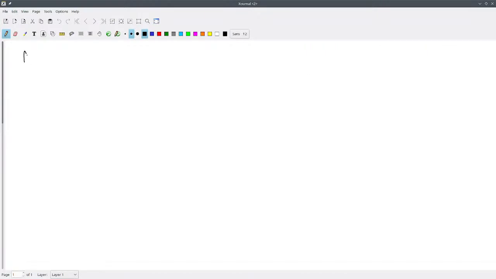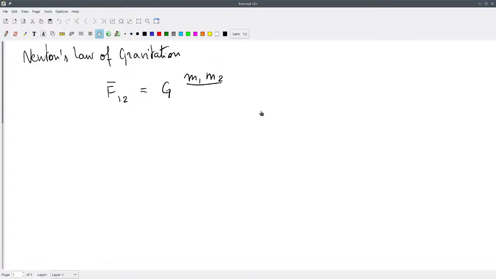So Newton's law of universal gravitation says that this force F12, the force from mass 2 on mass 1, is some proportionality constant times the mass 1, mass 2 over the distance between them squared, and it's in the direction of the unit vector between masses 1 and 2.